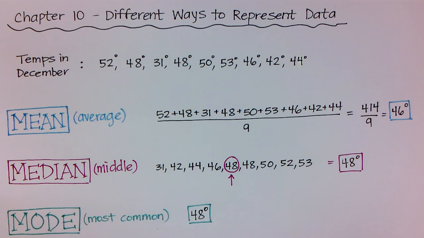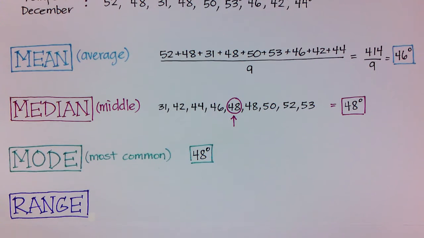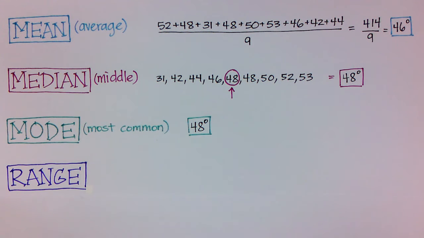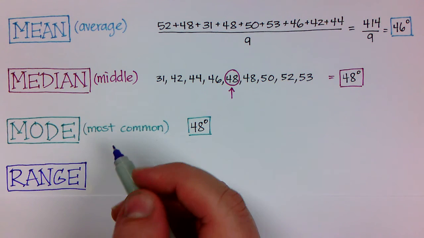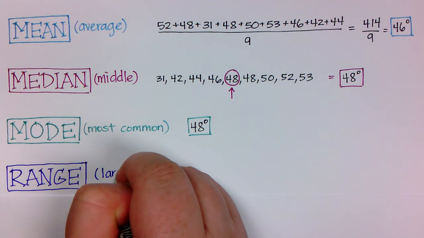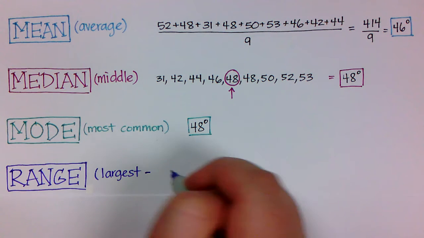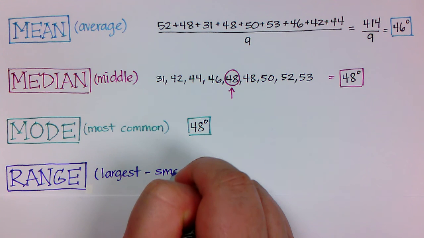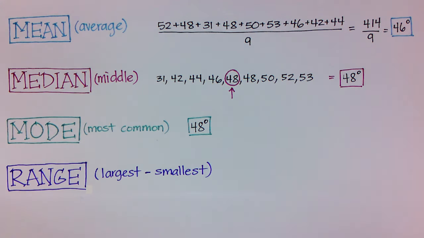The last one that I'm going to do is the range. Okay, so when we are finding the range, what I want to look for is kind of the span from the largest to the smallest. And so what we're going to do is take the largest number and subtract the smallest. And that's going to give us the range, or the span.